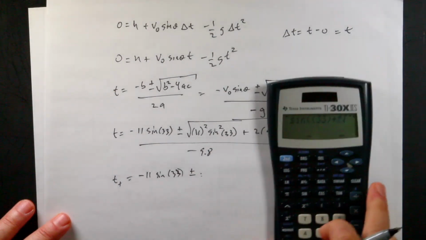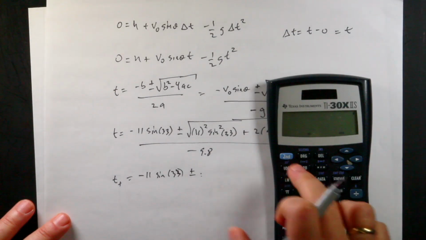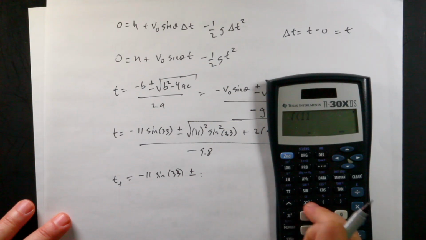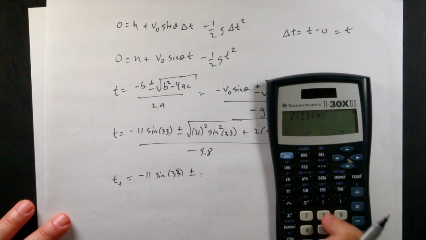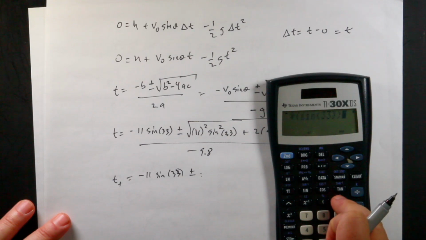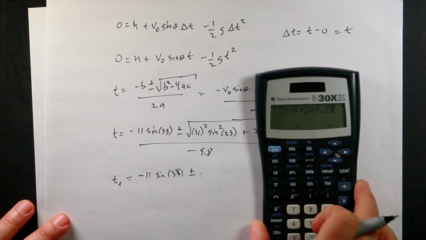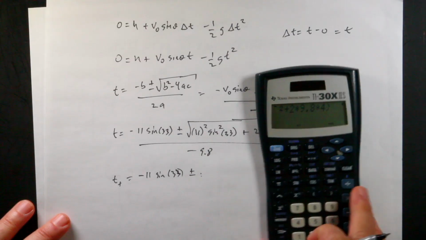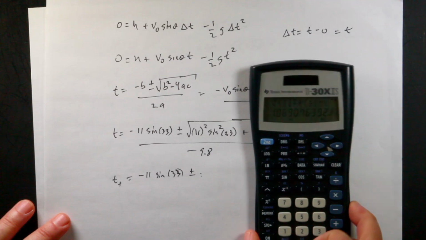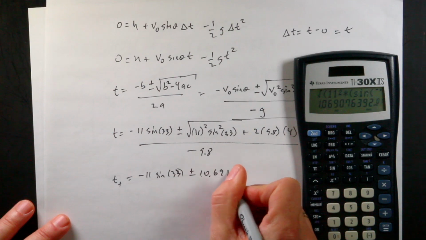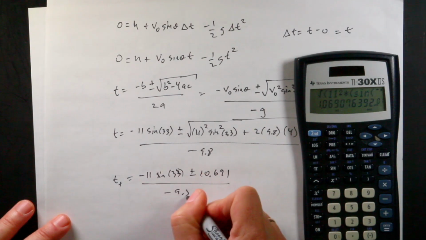I'm going to say square root, 11 squared times sine 33 parentheses squared, I'm not sure that's what you have to do, plus 2 times 9.8 times 4, close parentheses, enter. Okay, so this is 10.691, all of that over negative 9.8.